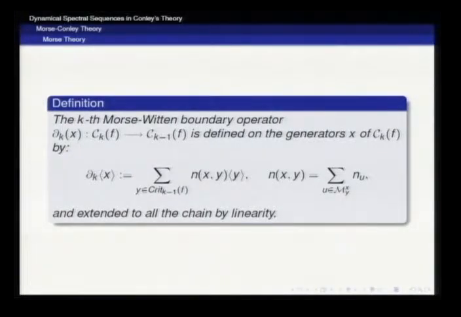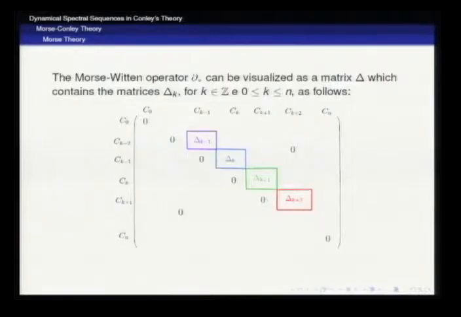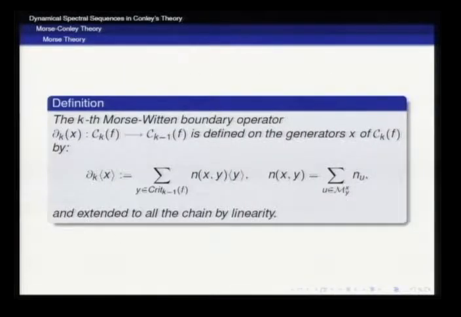Okay, the kth Morse-Witten boundary operator then is defined from Ck of f, all the critical points of index k, to k-1, and is defined on these generators of Ck f. Okay, so the boundary operator, remember we just defined this characteristic sign.